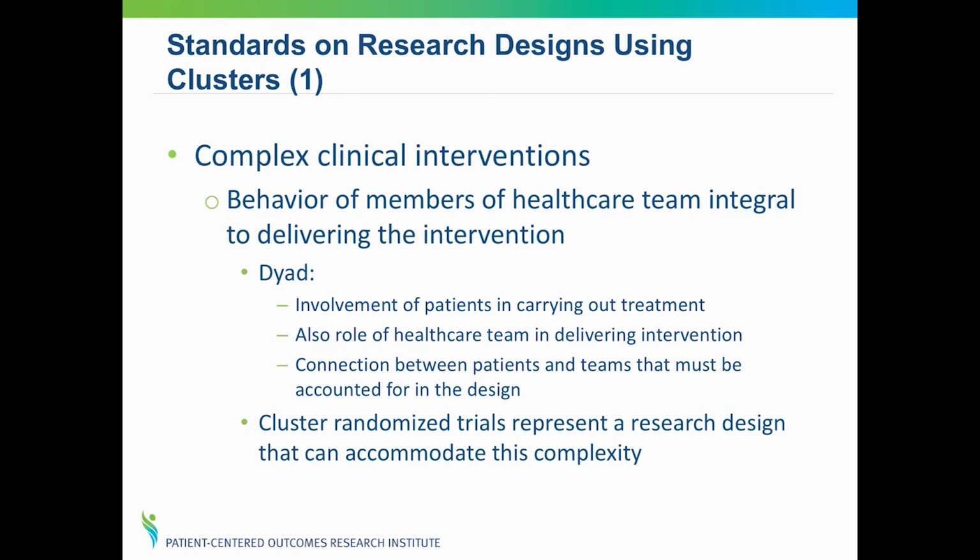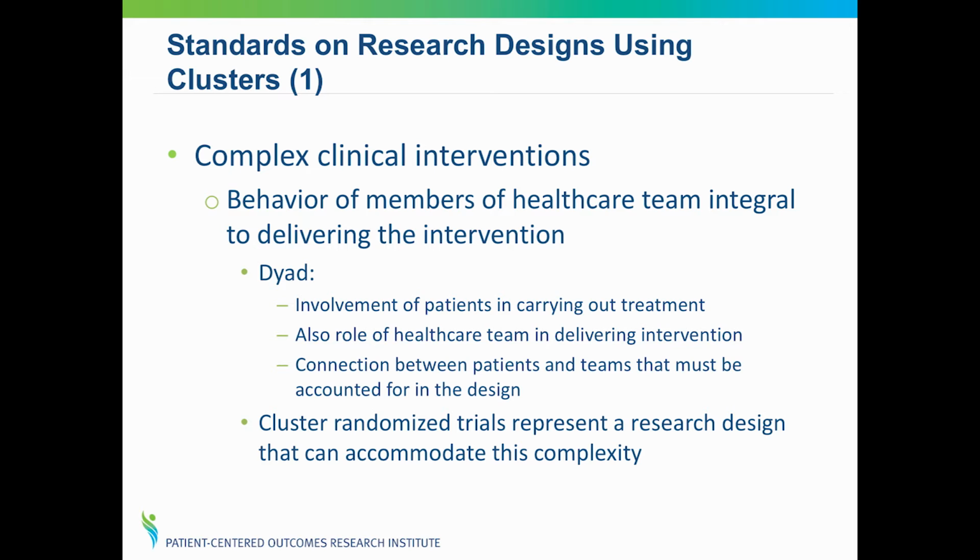The concept of cluster randomized trials was developed within the last couple of decades, maybe 2 or 3 decades, as a way to account for that complexity of care that's delivered to patients, in which it's more complicated than just saying, let's take every individual patient and randomize that patient to one of the other interventions, because the interventions require the involvement of providers.